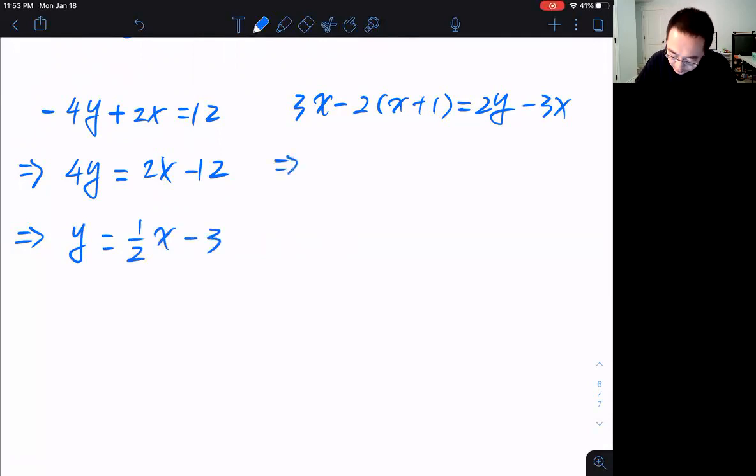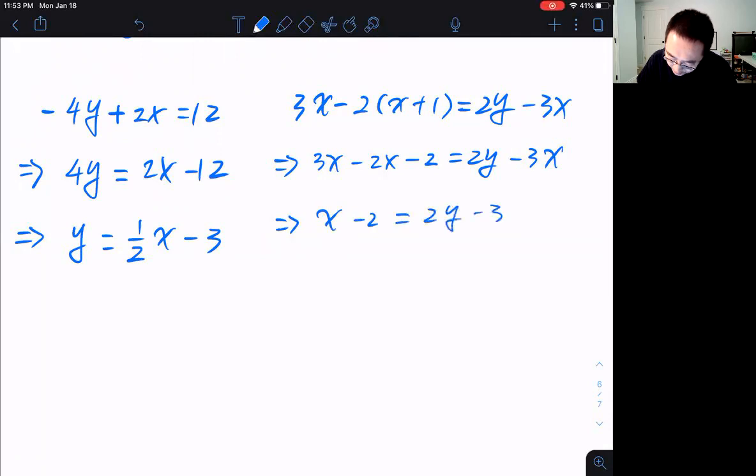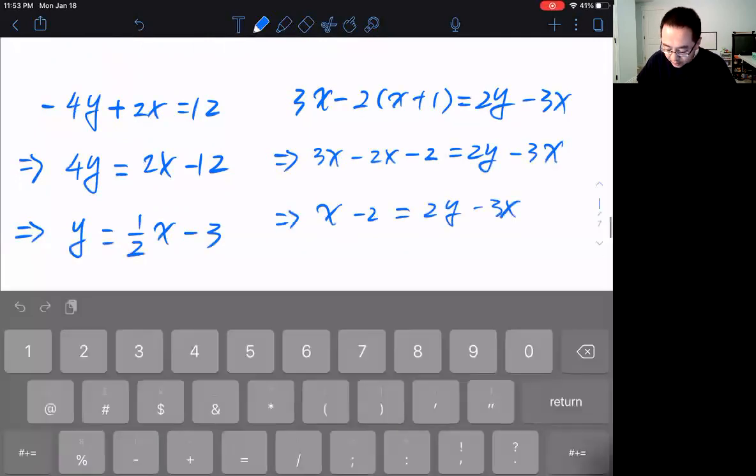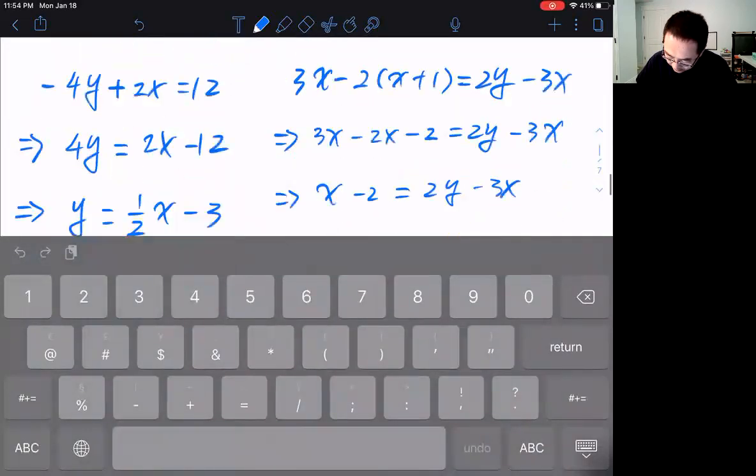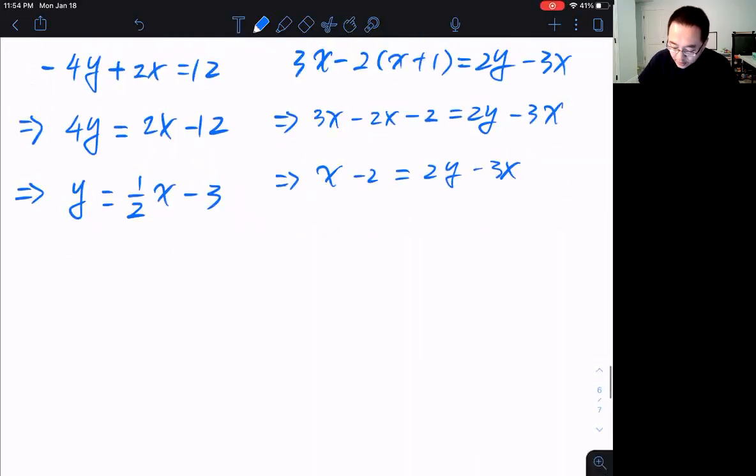Similarly, on this equation, it's a little bit more complicated. We have 3x minus 2x plus 1 equals 2y minus 3x, so that gives you x plus 1 equals 2y minus 3x. You want to move negative 3x from the right-hand side to the left.